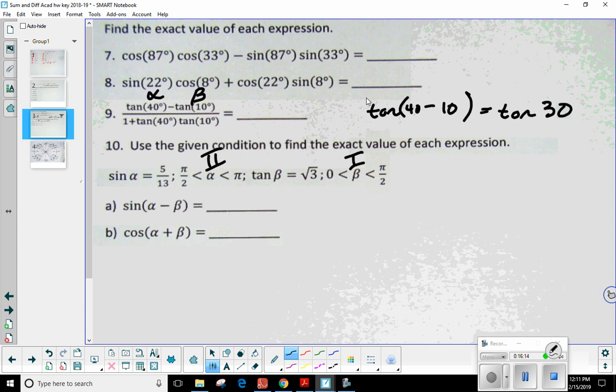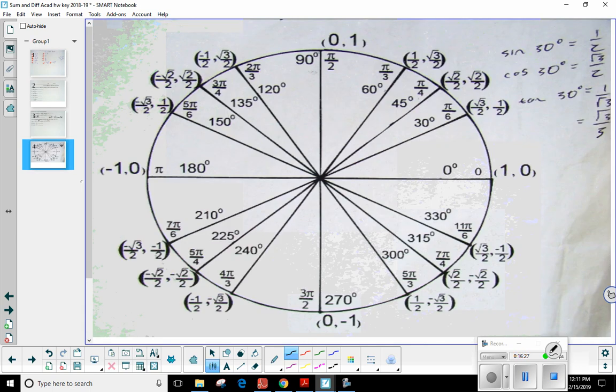You're going to want to do the same thing for number 7 and 8. Whatever you do with those values, whether adding or subtracting, you should get one that you're familiar with. So now let's go to the unit circle. Tangent of 30 degrees. Here's 30 degrees, and here's the ordered pair. I want tangent of that angle. What does tangent tell me to do?